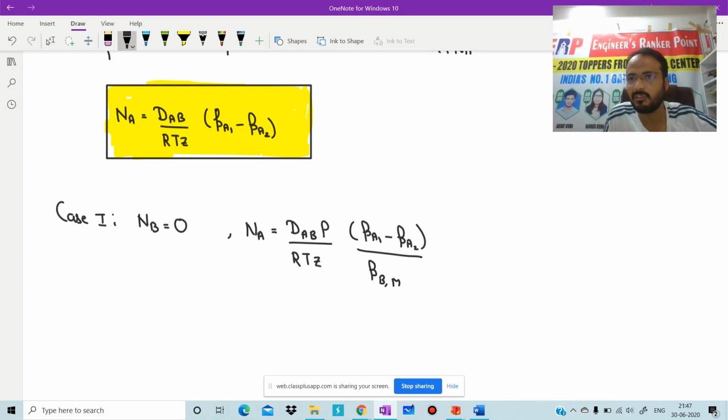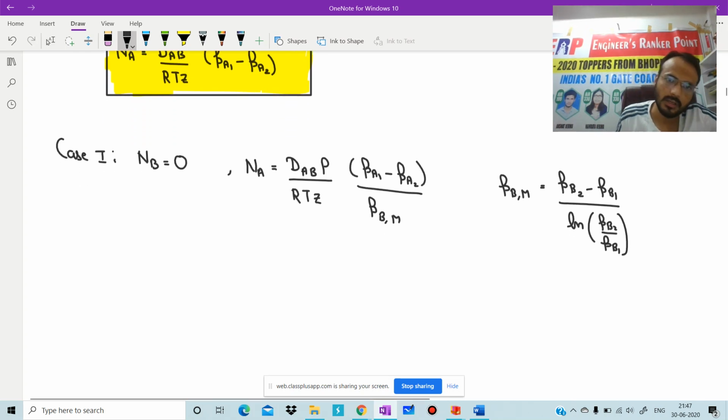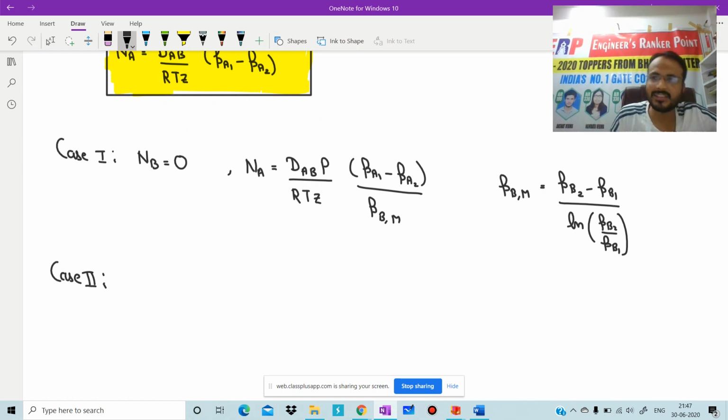I hope there is no need to tell you what PBM is. Maybe, sir, we have short term memory loss. So I write PBM is equal to PB2 minus PB1 divided by ln PB2 by PB1. Is there any rocket science? No. In a similar way, second case is equimolar counter diffusion.